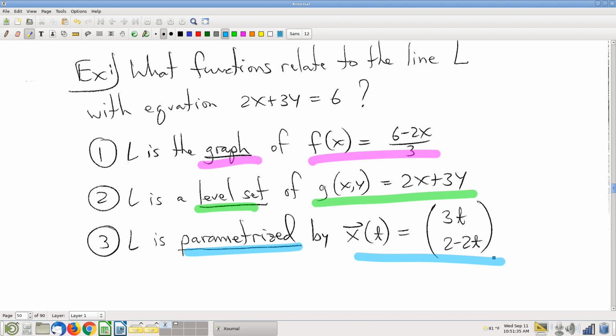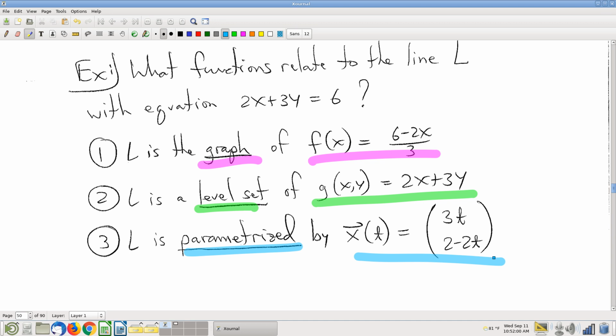Derivatives of parametric curves give you velocity vectors. That's a geometric interpretation of something that we've described as an algebraic thing, namely derivatives. So we've already talked about the calculus of parameterizations somewhat, and we're going to do more with it later. But there's more to come on the calculus of level sets and the calculus of graphs.